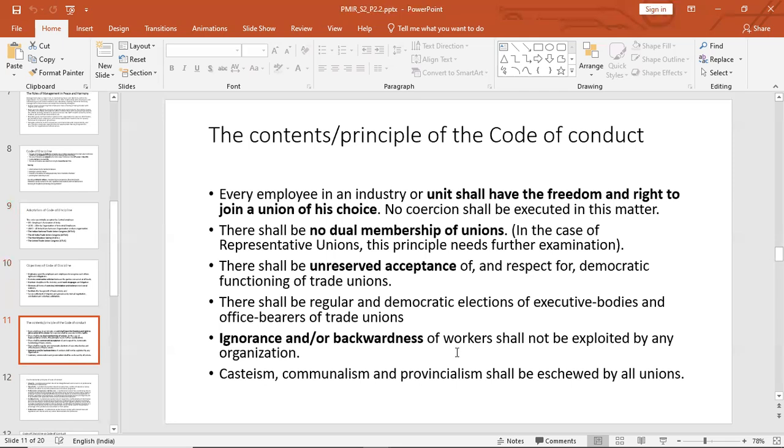That means whoever is working in your company should have the freedom to join any trade organization. There is no compulsion, no rule that this person should join our company. That kind of freedom is one principle of the code of conduct.